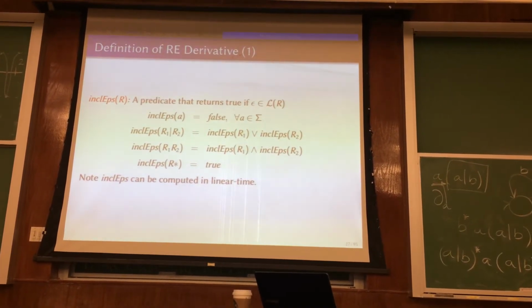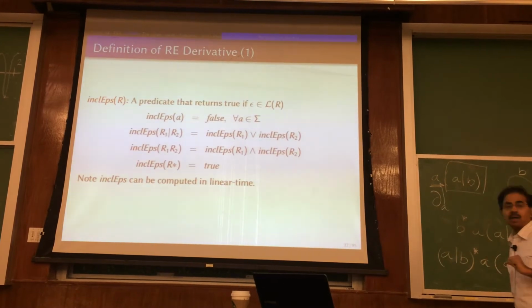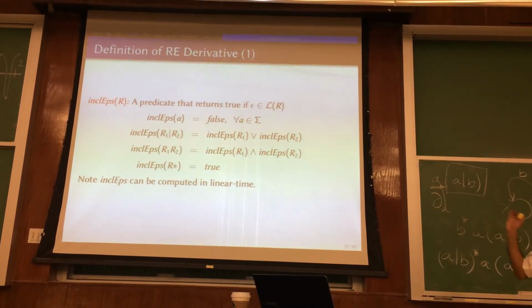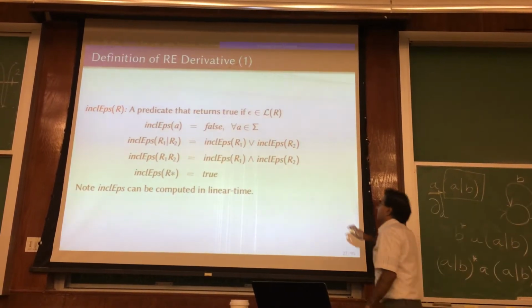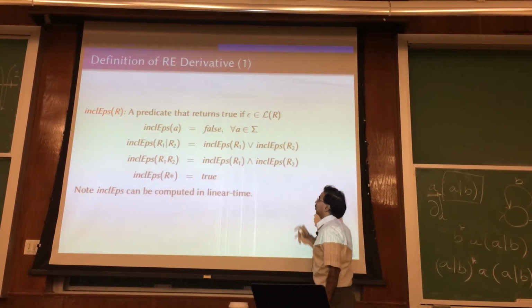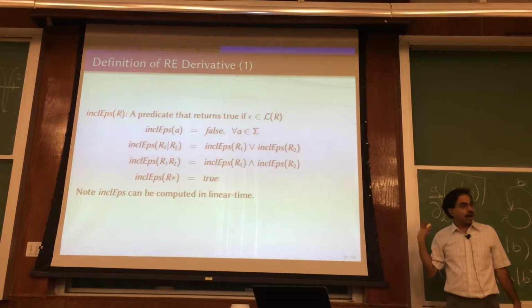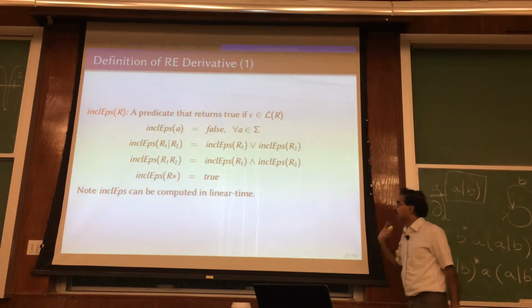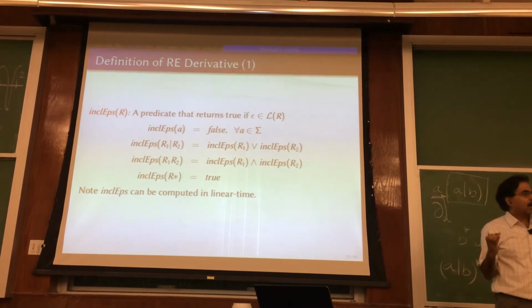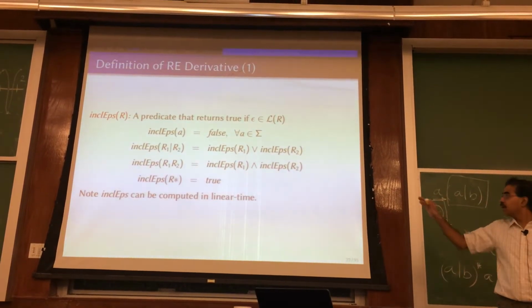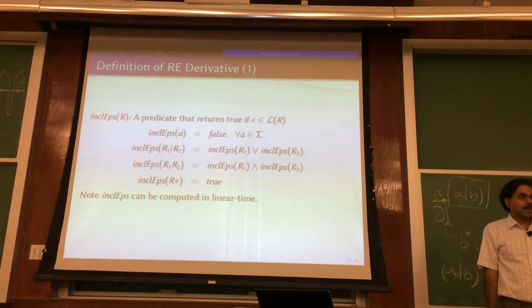If you have R1 or R2, then if either R1 or R2 can match the empty string, then includes epsilon of R1 or R2 is true. So includes epsilon of R1 or R2 is equal to includes epsilon of R1 or includes epsilon of R2. If you have concatenation, only if both of them can match epsilon can R1 R2 match epsilon.